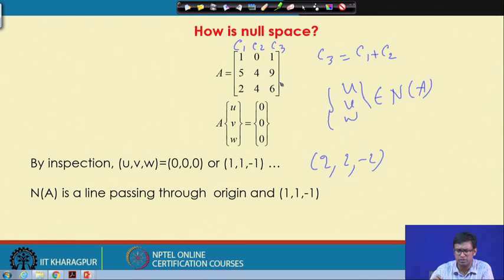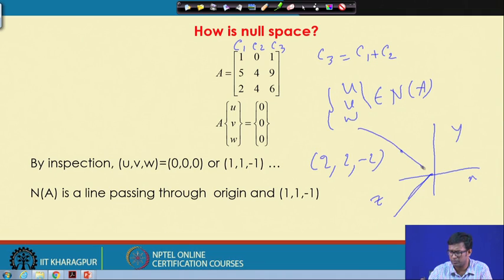So, all these will be solutions, and the null space will finally be a line which passes through the origin and the point 1 1 minus 1. If I think of a 3D geometry with axes x, y and z, this is my point 1, this is 1 and this is the point 1 1 minus 1, and the null space will be this line.